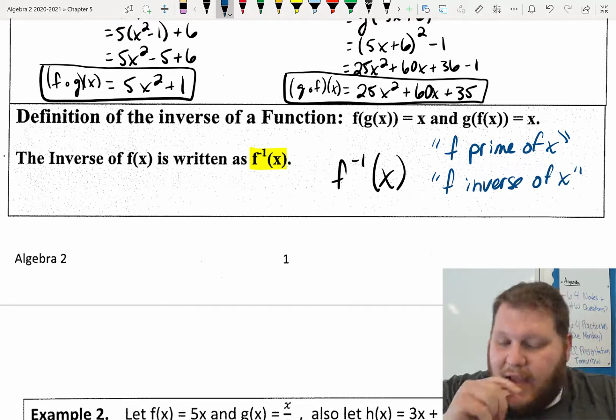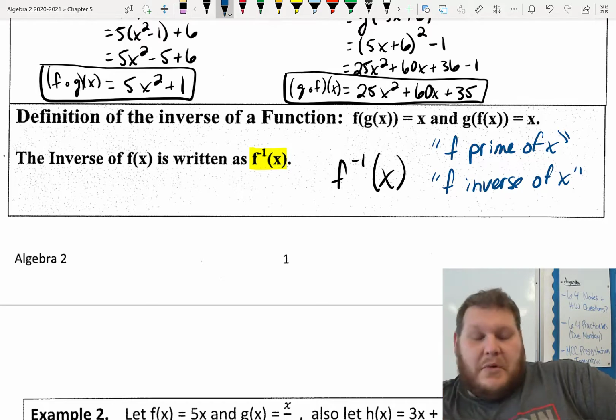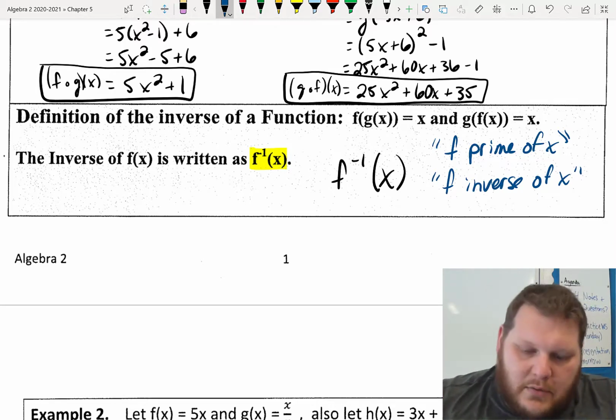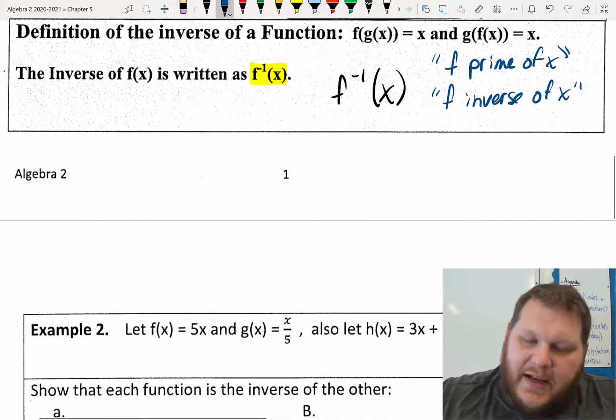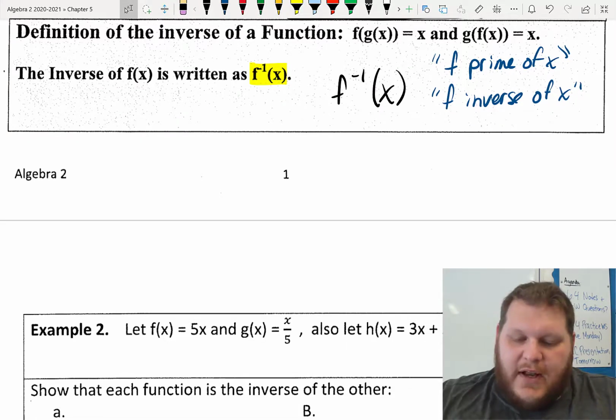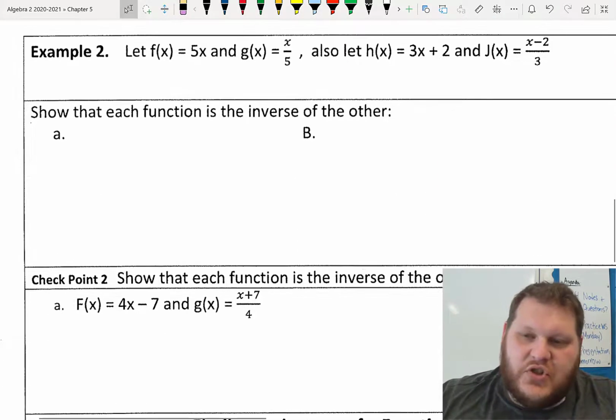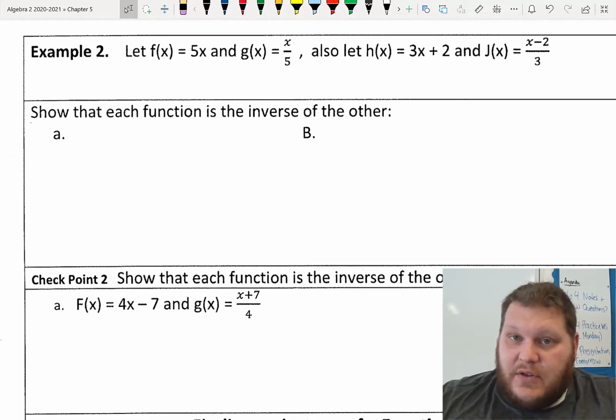I'll usually use f inverse of x just to emphasize that we're an inverse. f to the negative first of x is what it looks like, but f inverse of x is how we would say that. So for part A, we're checking to see if f and g are inverses of each other, and then for part B, we're checking to see if h and j are inverses of each other.